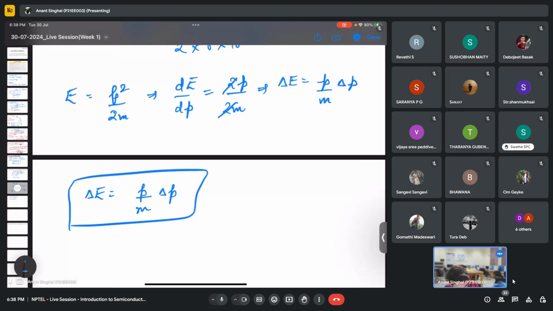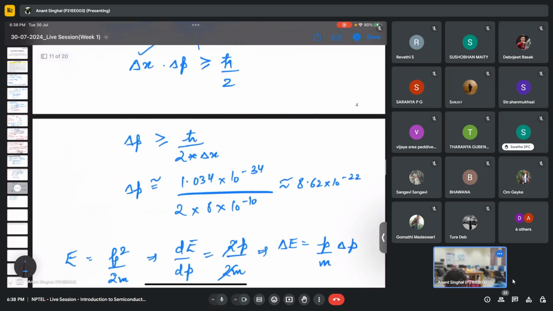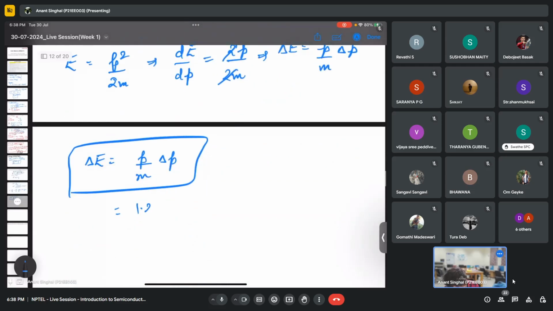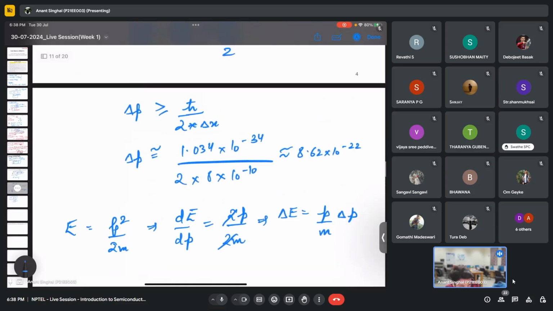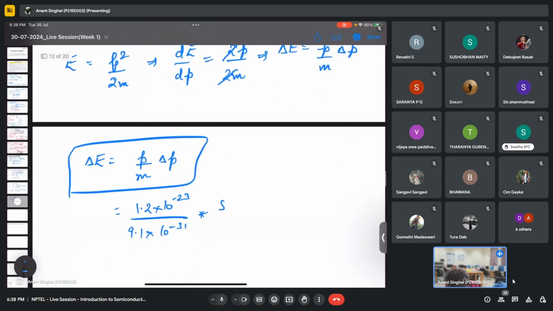And we already know all of these things. So if I just write p, what was p? 1.2 × 10^-23. Then the mass of an electron is 9.1 × 10^-31. Then delta p was calculated, I guess, by Sushoban, you gave the answer. I'm assuming that it is correct.